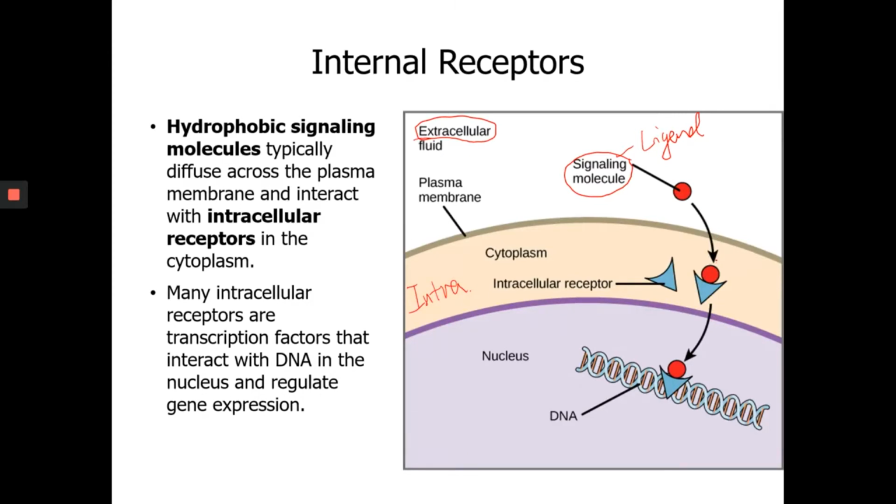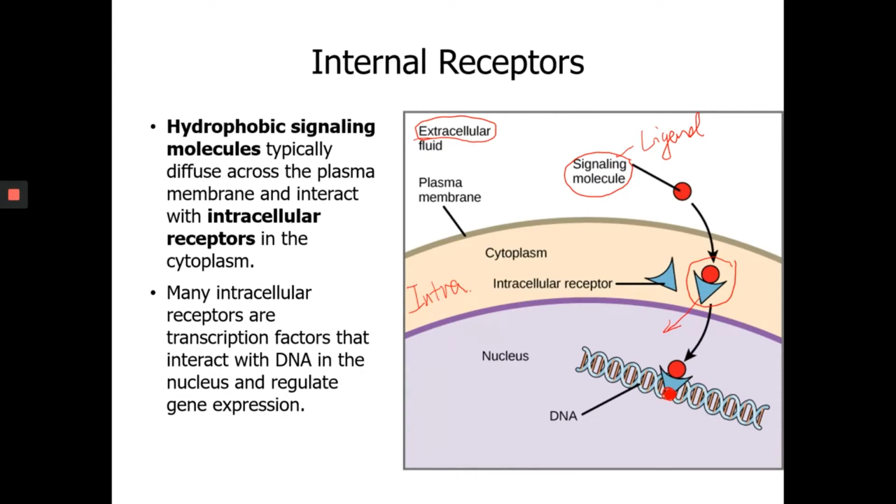Once they're inside the cell, they look for their intracellular receptors and bind to them. Then this complex moves into the nucleus. Usually this binding causes a conformational change, so there's an area where the receptor binds to DNA.